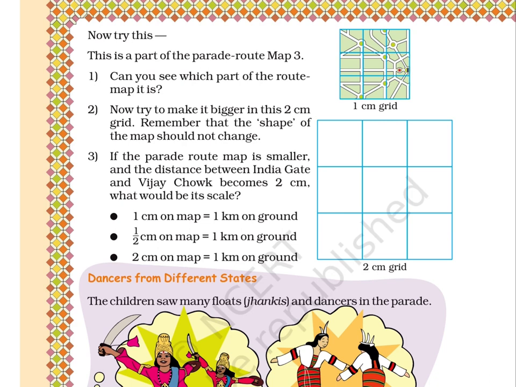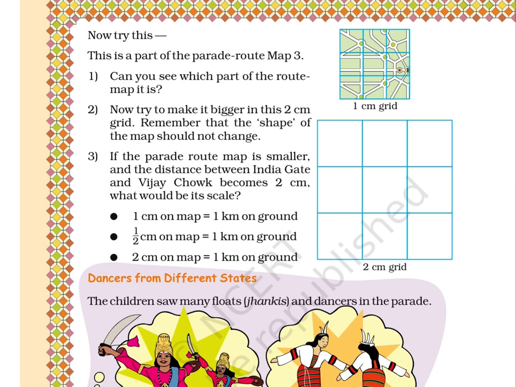If the parade route map is smaller and the distance between India Gate and Vijay Chowk becomes 2 centimeters, what would be its scale? 1 centimeter on map is equal to 1 kilometer on ground. Half centimeter on map is equal to 1 kilometer on ground. 2 centimeters on map is equal to 1 kilometer on ground.